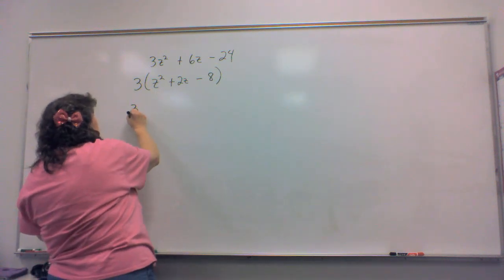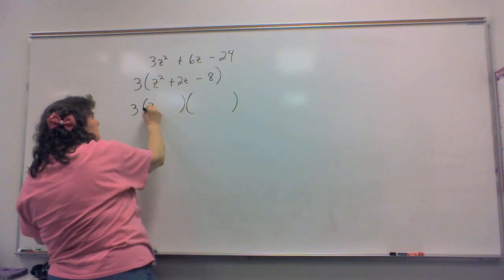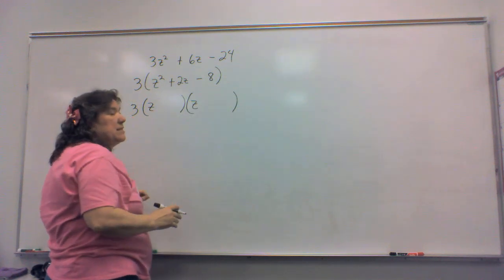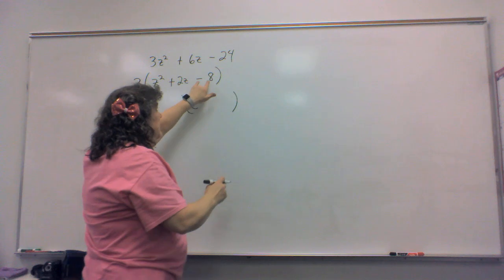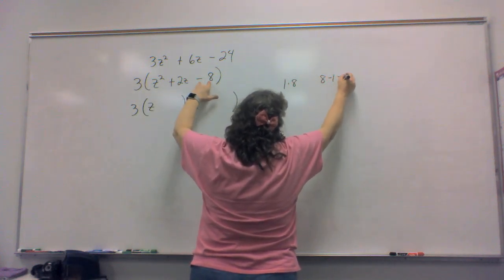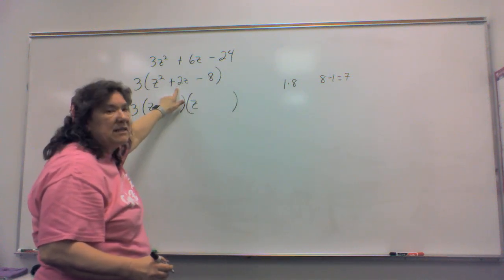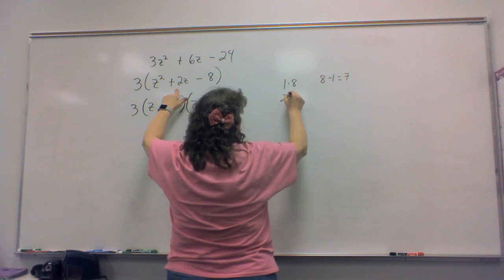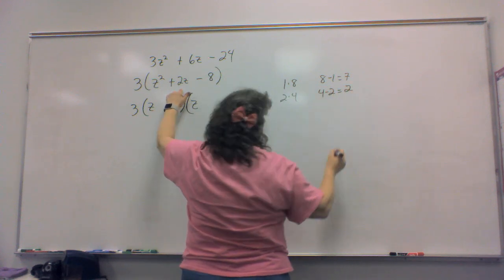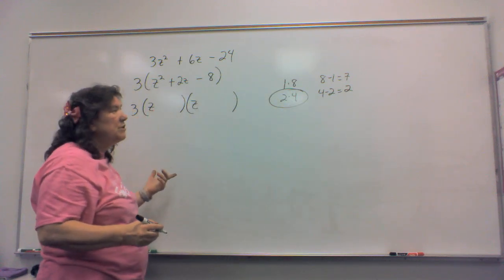So this is 3 times my two binomials, z times z. A minus 8 means we're going to be subtracting the factors. So you have 8 is 1 times 8. 8 minus 1 is equal to 7. But 7 isn't my middle term, so obviously it's not that one. 2 times 4. 4 minus 2 is equal to 2. 2 is my middle coefficient, therefore 2 and 4.